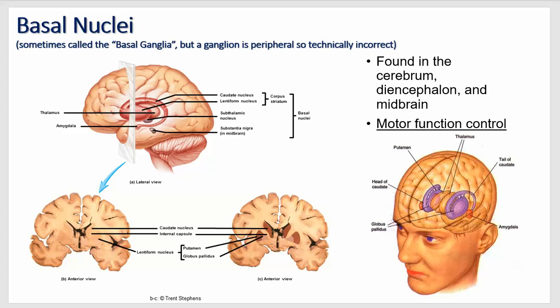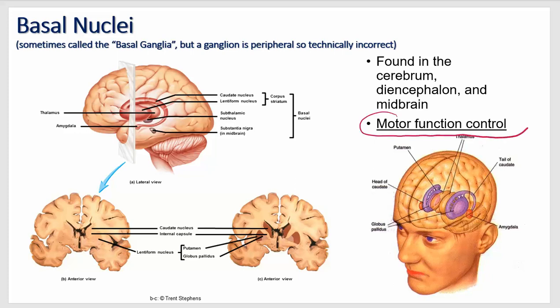All right, so the basal ganglia. A lot of times it's called the basal ganglia, but technically, because they're structures inside the central nervous system, we're supposed to call it the basal nuclei. But this area is a group of structures that work together for motor function control.